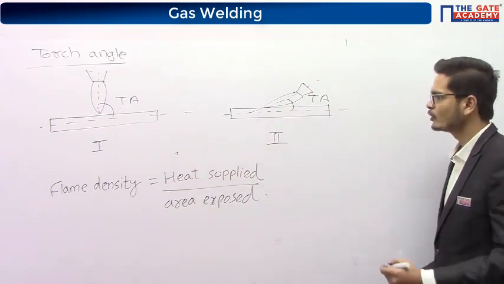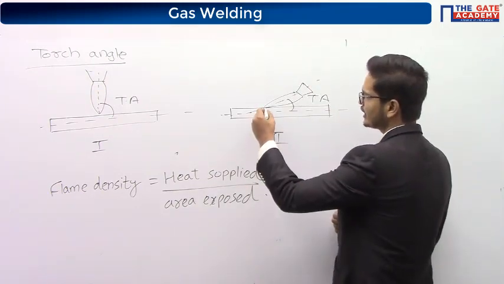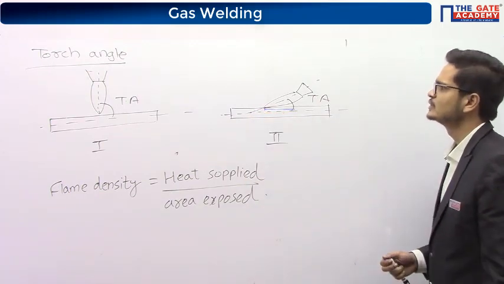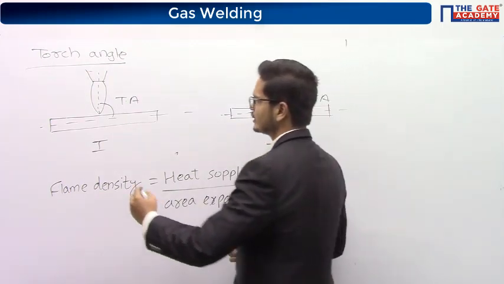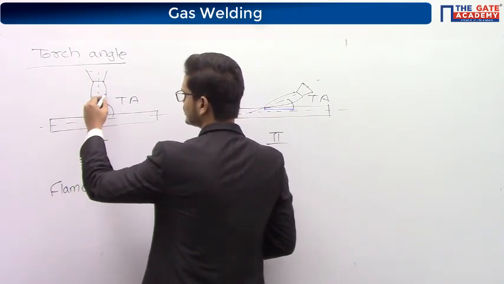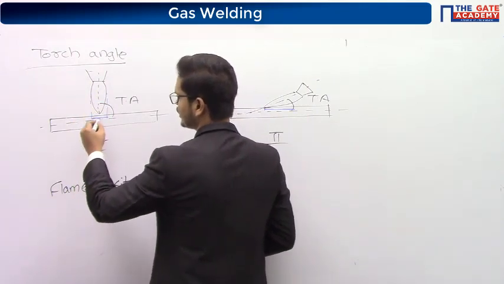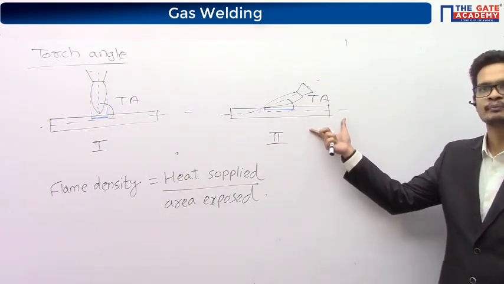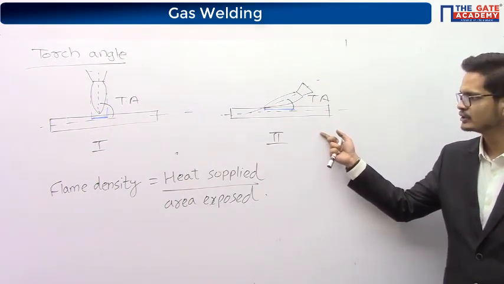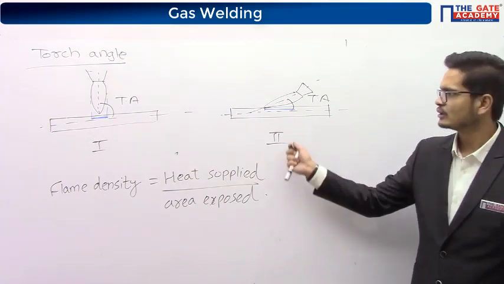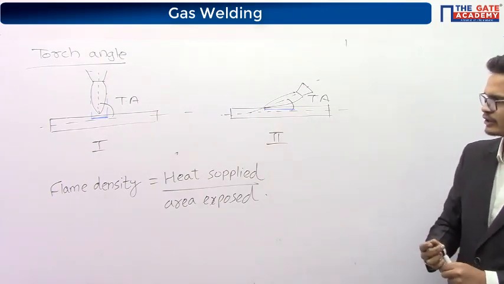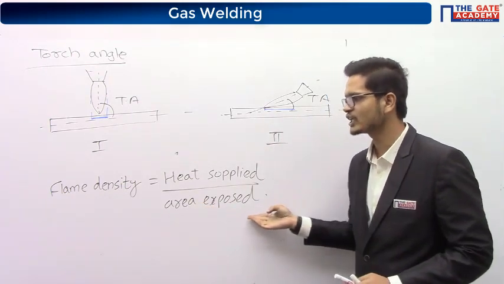Yes, very good. Case 2. In case 2 you can see approximately this much area is under the flame. In case 1, maximum is this area under the flame. So in case 2 more area is exposed under the flame. It means for case 2 the area exposed is high.